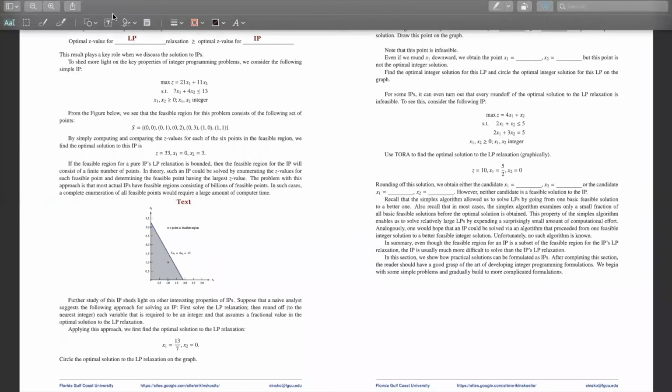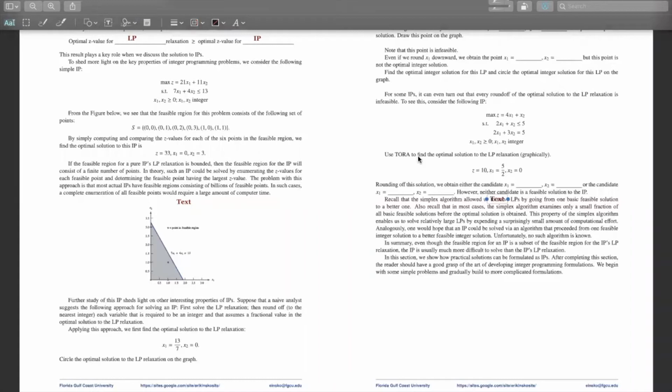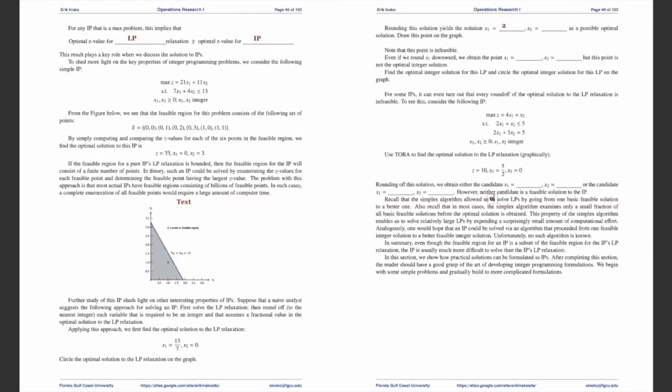We also saw that if we round that value to 2, this was not even in the feasible region.